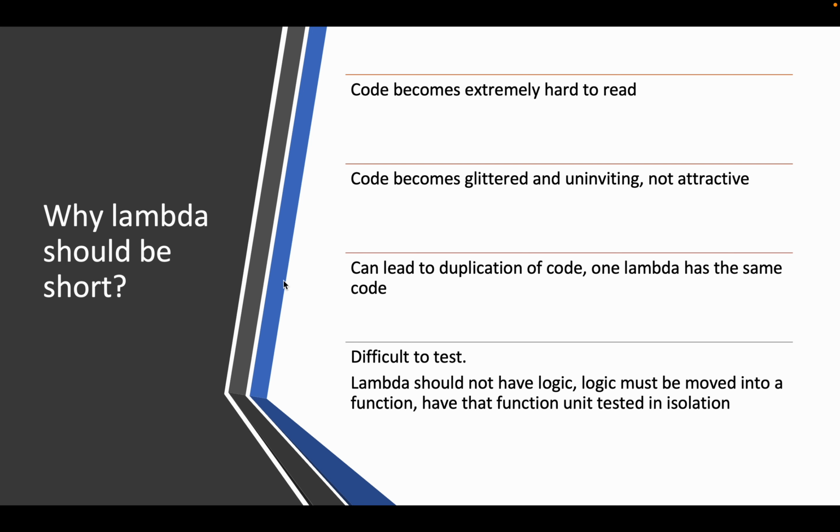Then also we see that if a lambda is not short, it becomes difficult to test. In fact, we are told that lambda should not have logic. Logic must be moved into a function and have that function unit tested in isolation, and then you just include that function into your lambda expression.